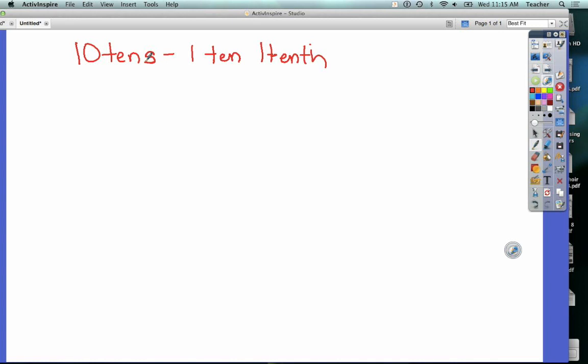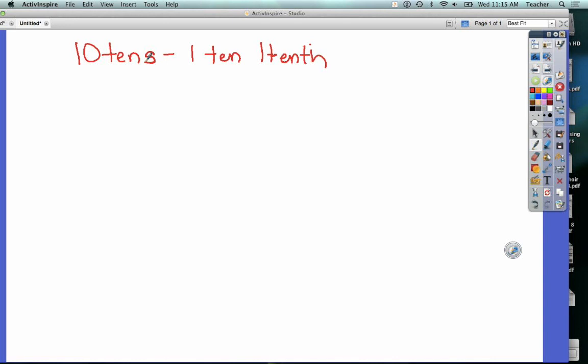What's the way I could solve that problem? Just write it down and write the 110 in standard form, and then write the 10 like under it or over it, and then subtract it. Okay.